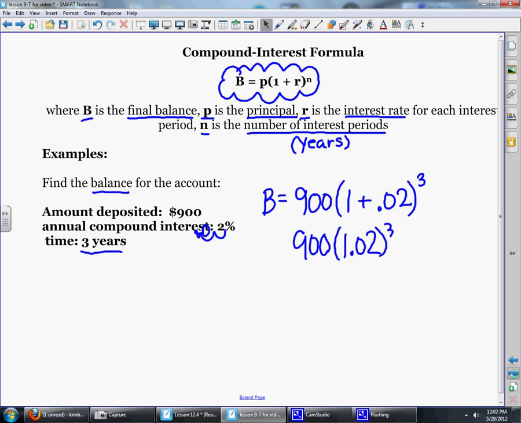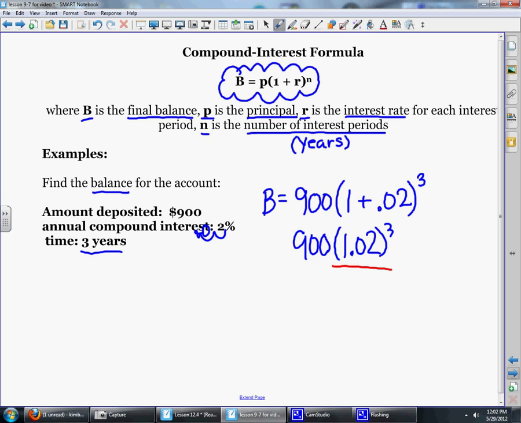So we have to follow order of operations. The first thing we're going to do is 1.02 to the third power. I can't read this on my calculator screen. 1.02 to the third power is 1.06.